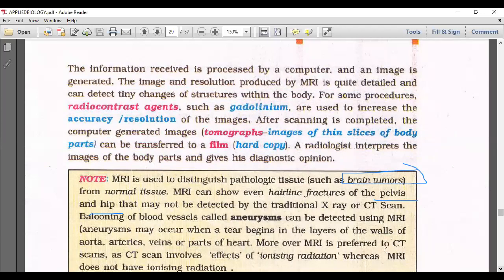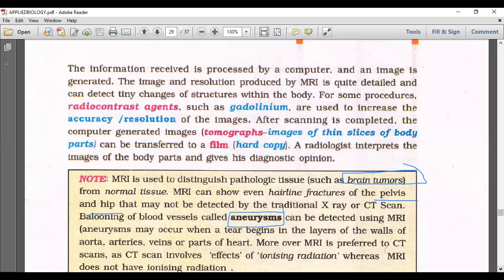Where things are not possible in the X-ray and CT scan, MRI can make that possible. Okay, ballooning of blood vessels called aneurysms can easily be detected by MRI. Aneurysm may occur when a tear begins in the layers of the walls of aorta or arteries or veins in the parts of the heart. Those aneurysms can easily be recognized by MRI.